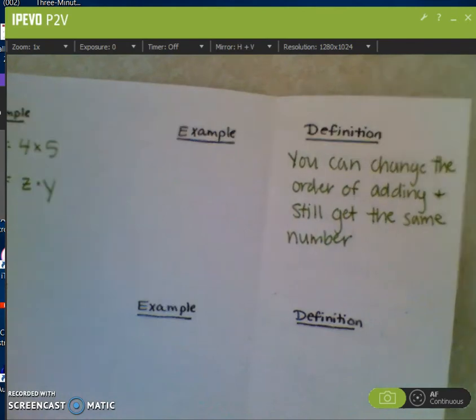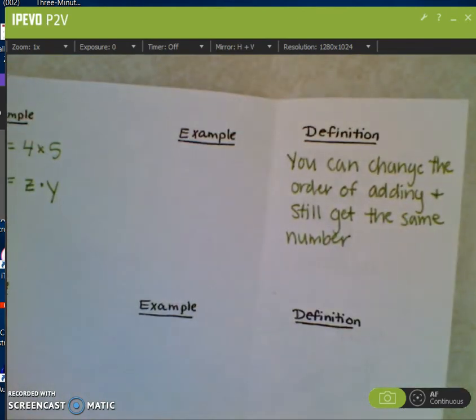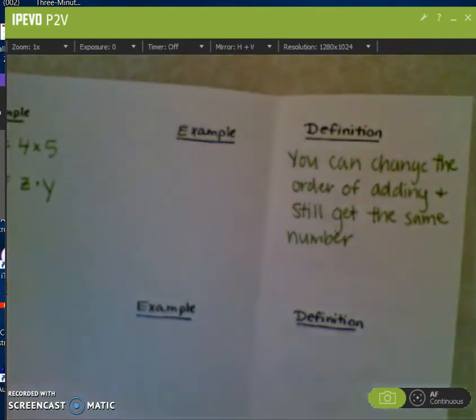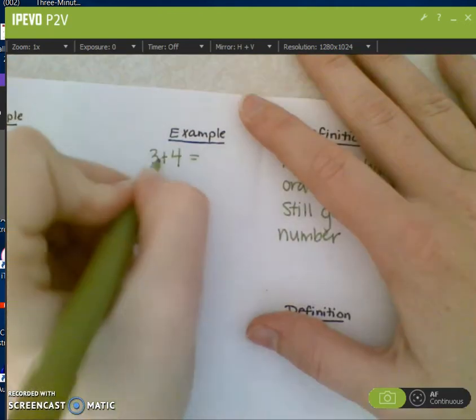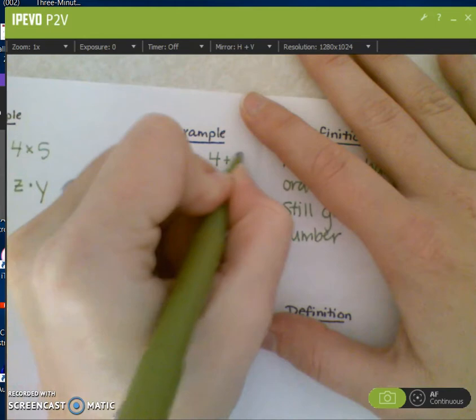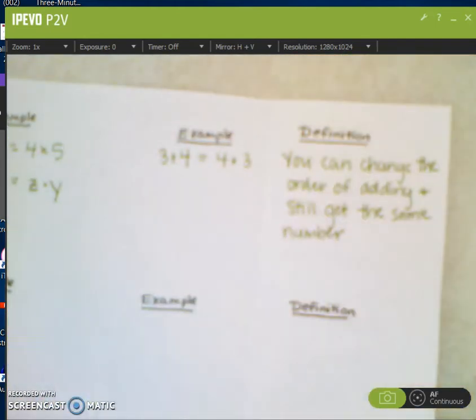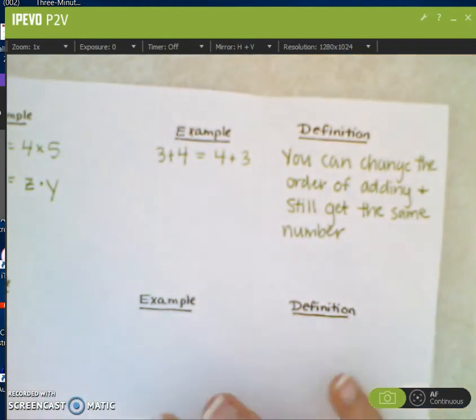So I'm going to show you an example with numbers first here. We've got 3 plus 4 is 7, and 4 plus 3 is 7. No matter what order I do it in, I still get the same answer.